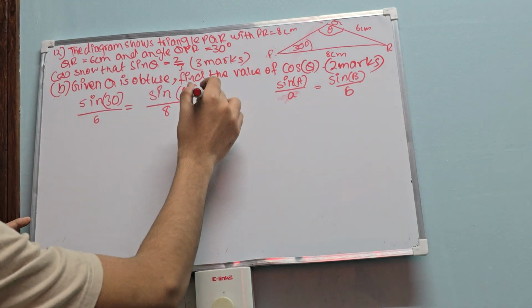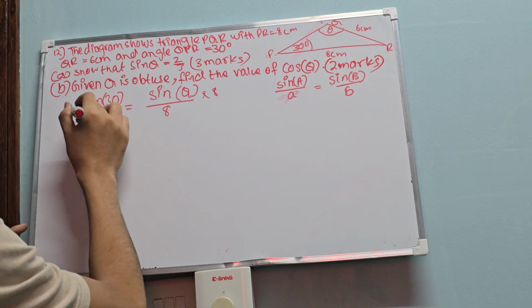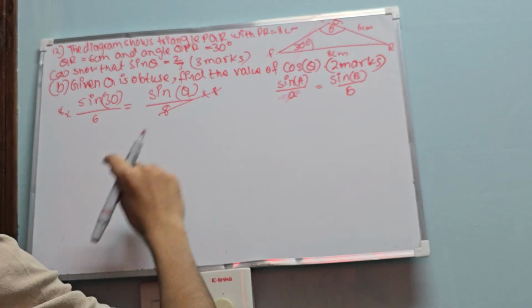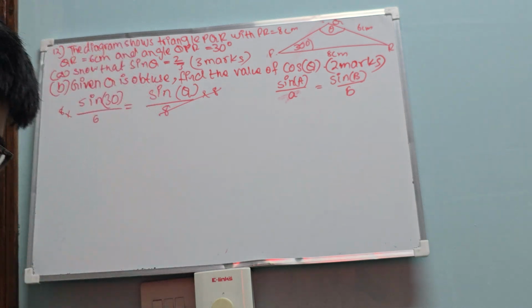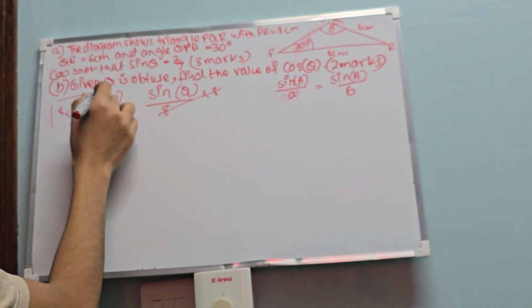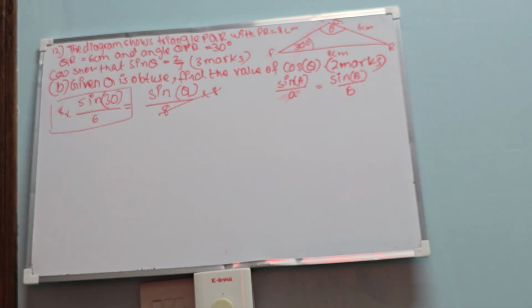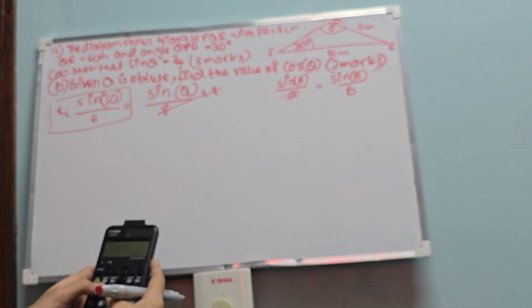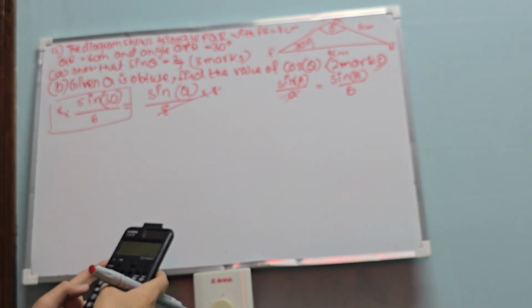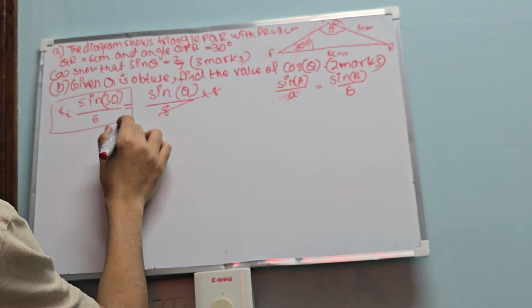First things first, we just times both sides by 8 to cancel out and give only the value of sine Q. Now substitute this into your calculator: 8 times sine of 30 over 6 is 2 over 3.